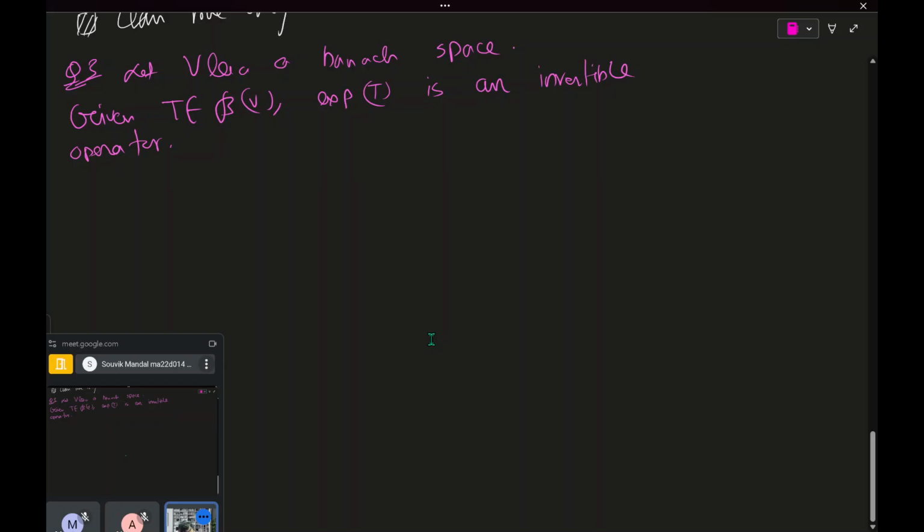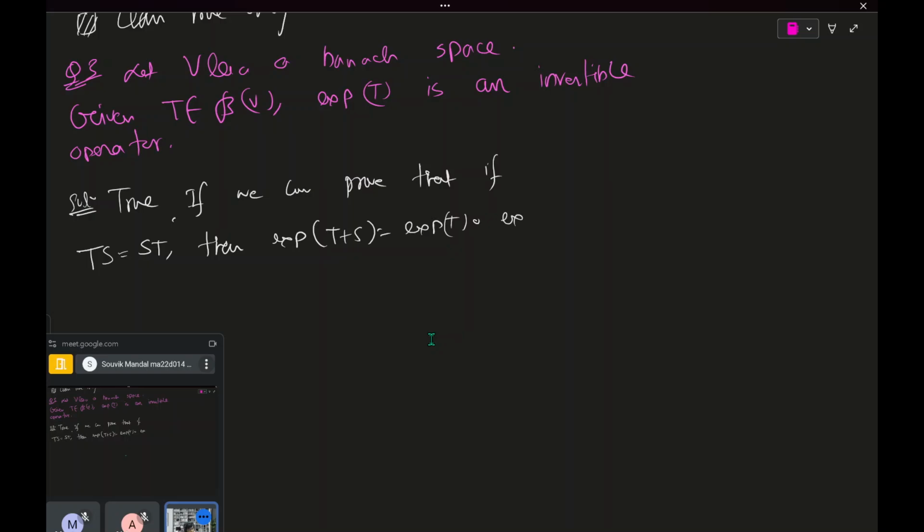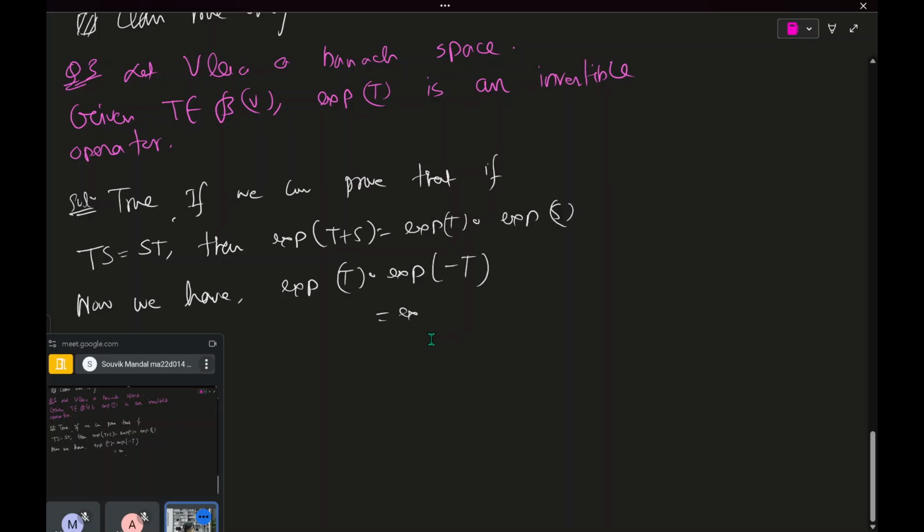It is true, and we conclude that if TS is equal to ST, then the exponential of T plus S is equal to exponential of T composed with exponential of S. And now we have exponential of T composed with exponential of minus T equal to exponential of 0, which is the identity.